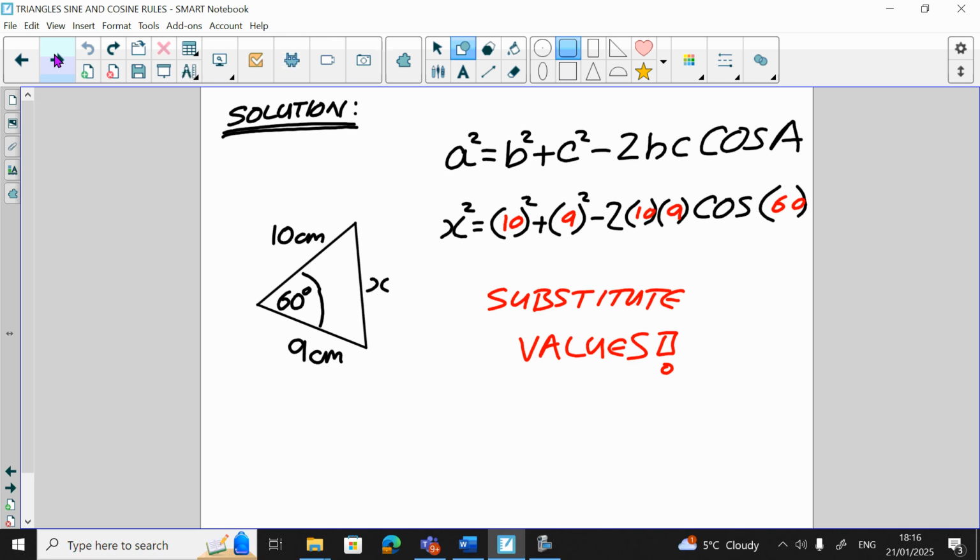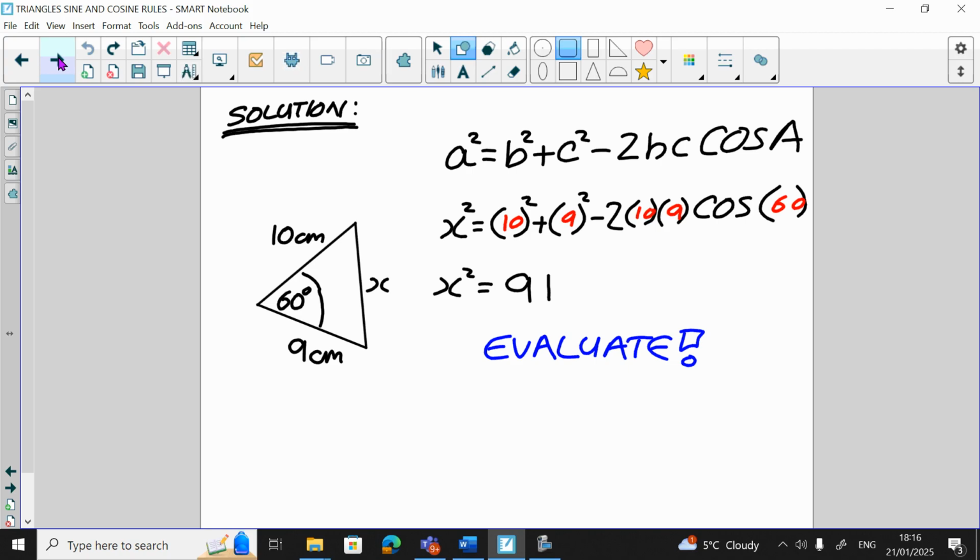If not, then you might have to, between these three, 2 times 10 times 9 times cos 60. And so let's see what kind of number we're getting out here. 91. Okay.